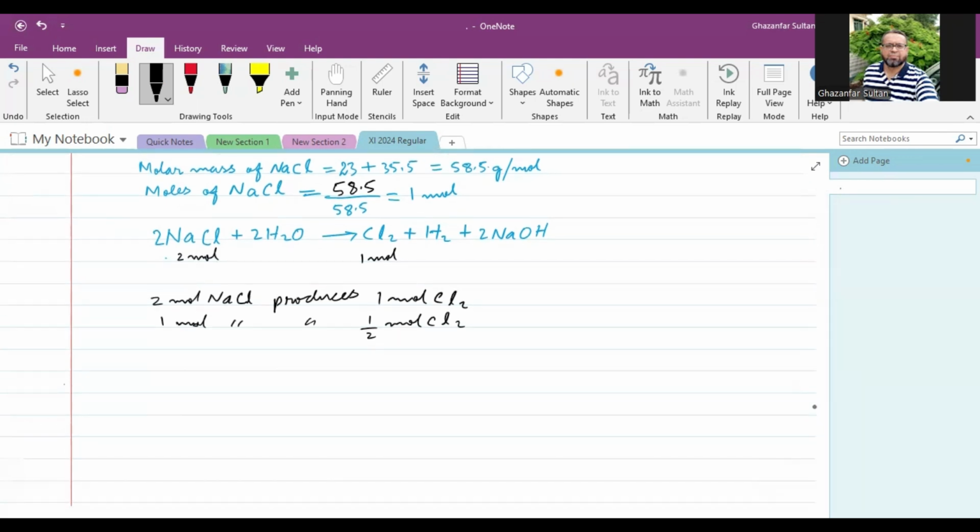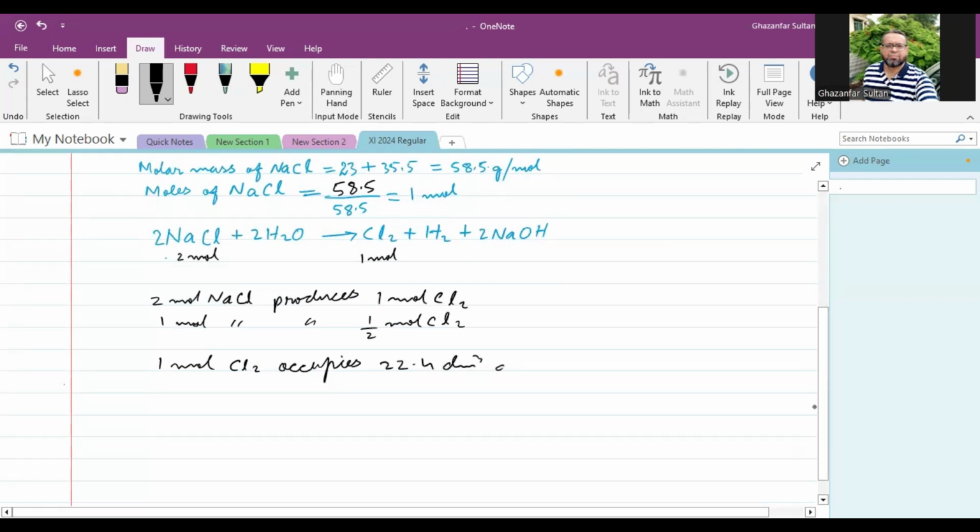And we know 1 mole chlorine occupies 22.4 decimeter cube at STP. So how much will 0.5 mole chlorine occupy?